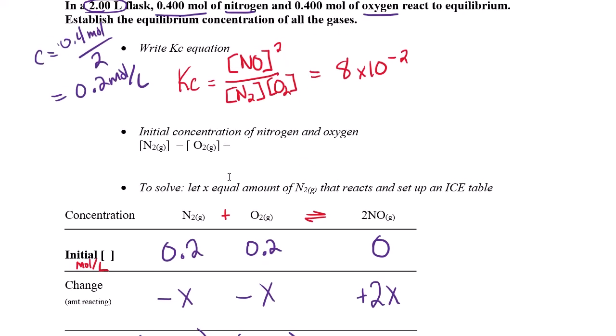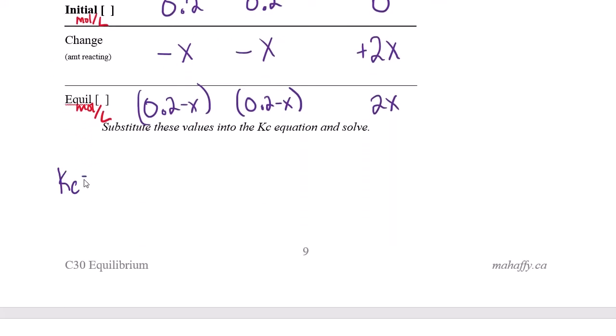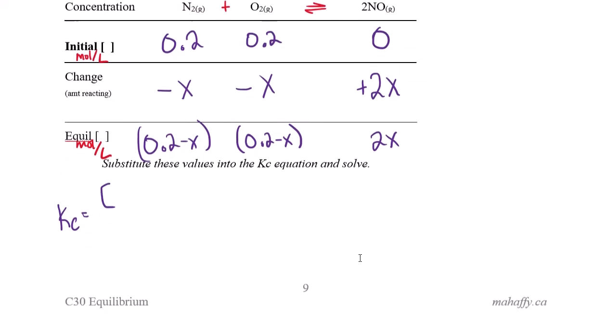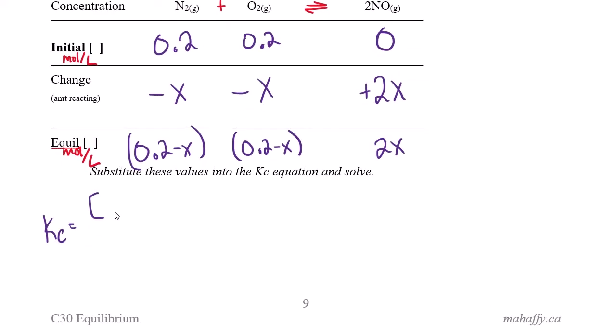So we can copy the Kc equation down here. It was my product, so my nitrogen monoxide squared divided by my nitrogen times my oxygen. So then I can sub in. Now I have to be careful here because my 2x is not 2x with just the x squared.